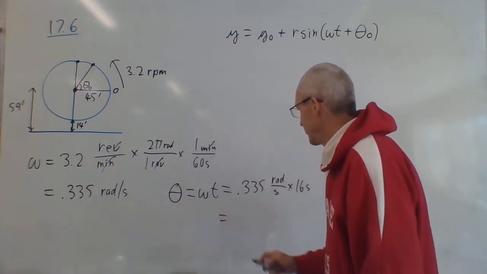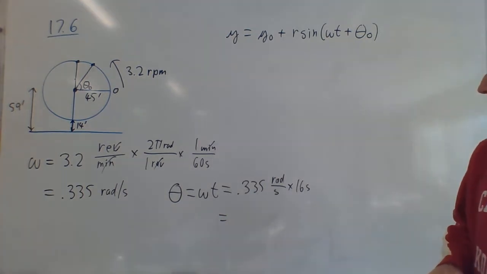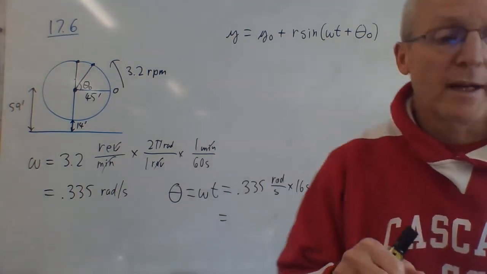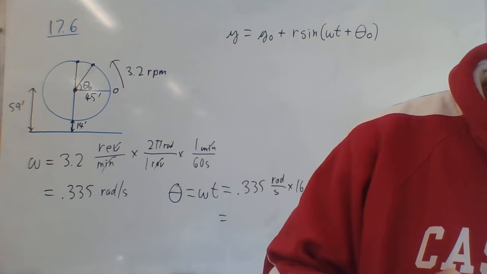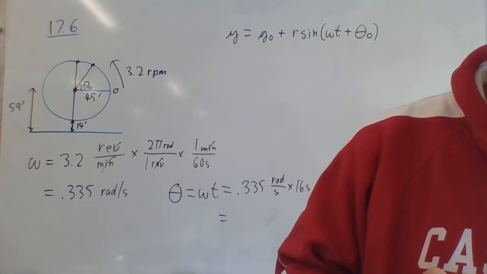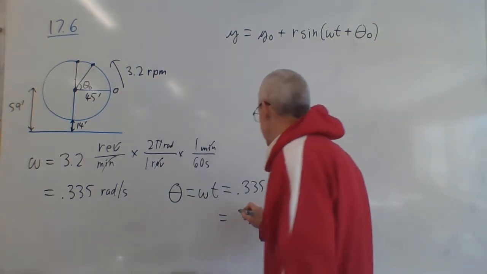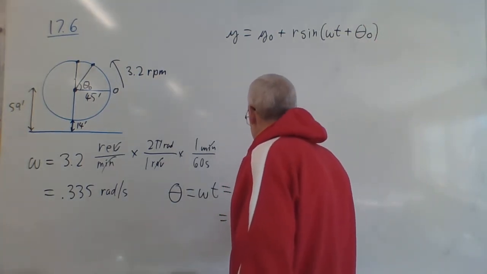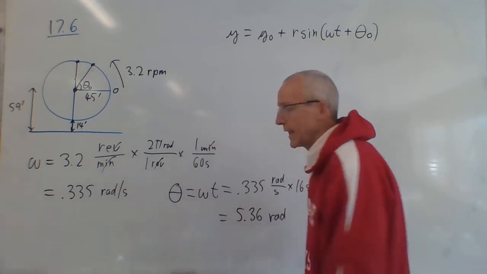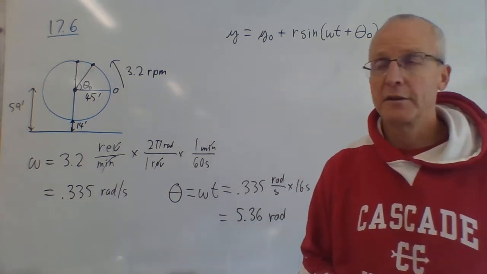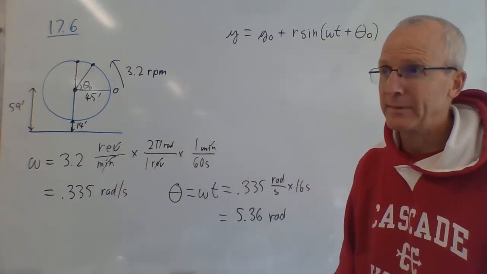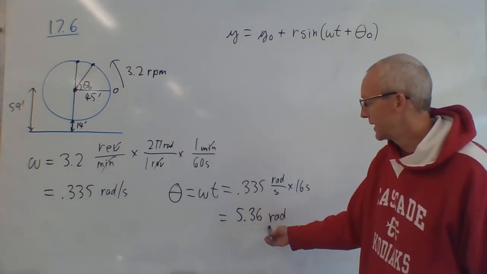That's how many radians she will have traveled to get to the top. What's 0.335 times 16? I get 5.361, so 5.36 is good enough. So 5.36 radians, which is a little less than a full circle. A full circle is 2 pi radians, which is about 6.28.